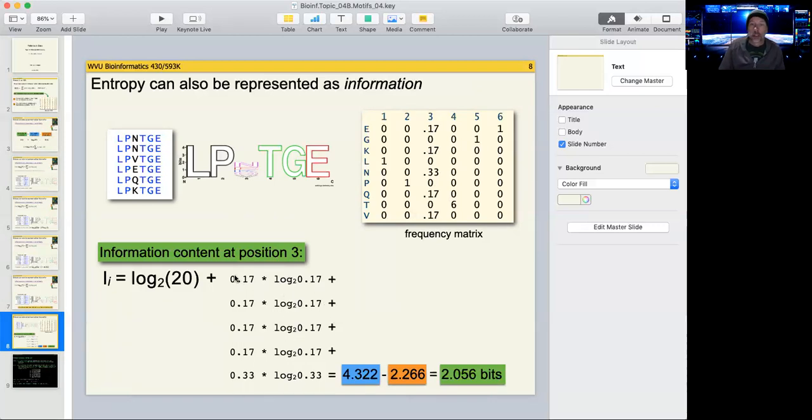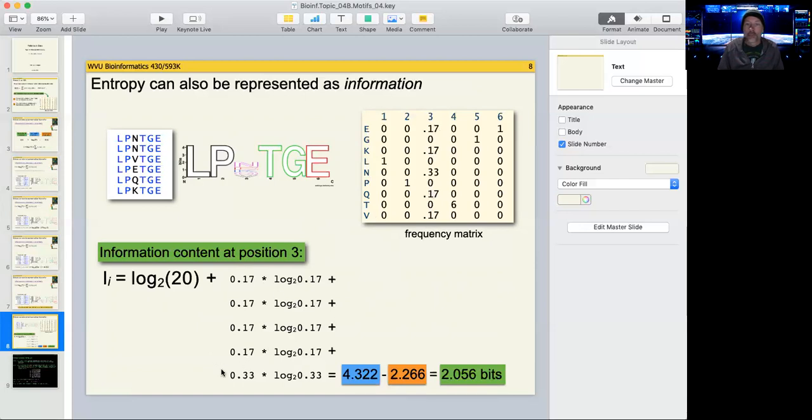We have one outcome, probability of 0.7 times log base 2 of the probability. Let's say that's the outcome E. Here's the outcome for K. Here's the outcome for Q. Here's the outcome for V. Note that these are all the same because the frequency is all 0.17.